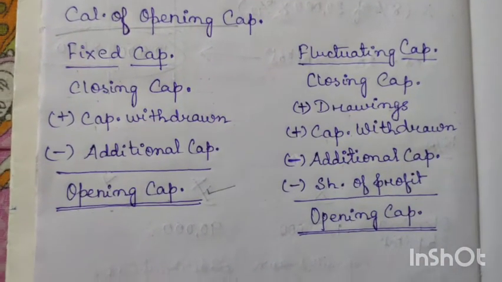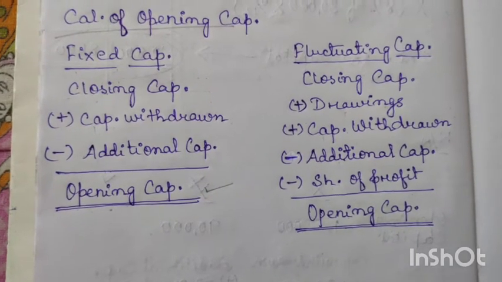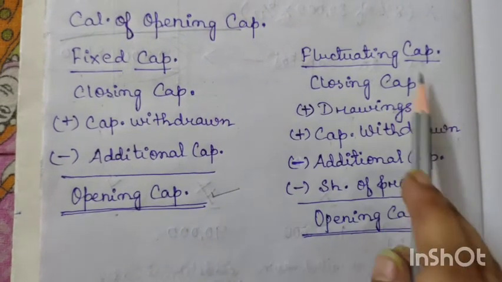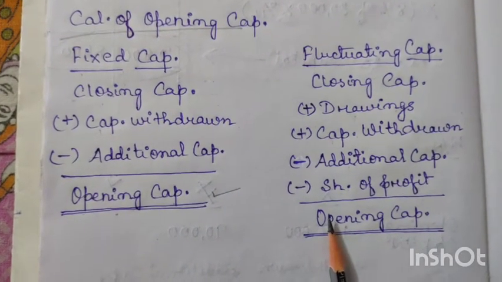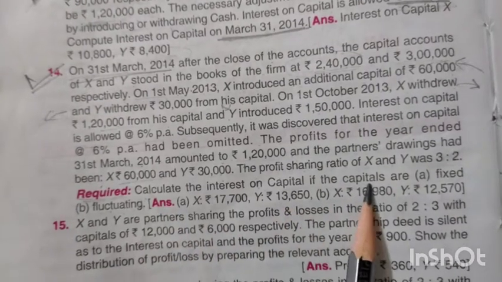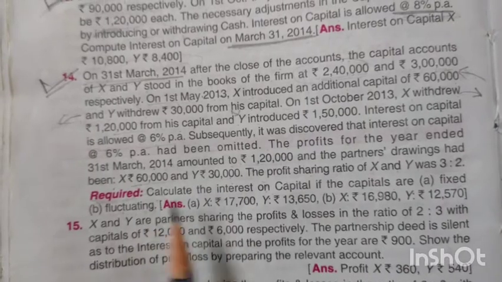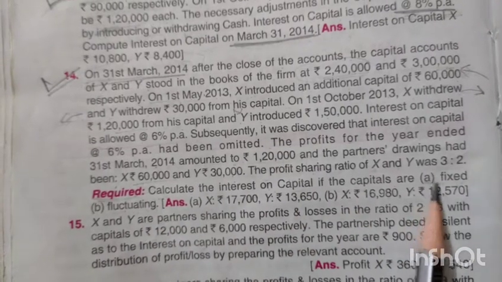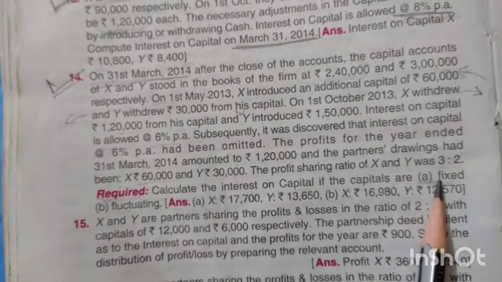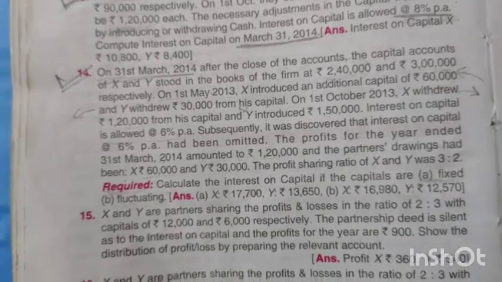Now for calculation of interest on capital, there is no difference in the formula. The only difference is in the calculation of opening capital under fixed capital and fluctuating capital. So in the question, you are asked to calculate interest on capital if the capitals are fixed and fluctuating. If we are calculating interest on capital under fixed capital, first we need to calculate opening capital under fixed capital method.